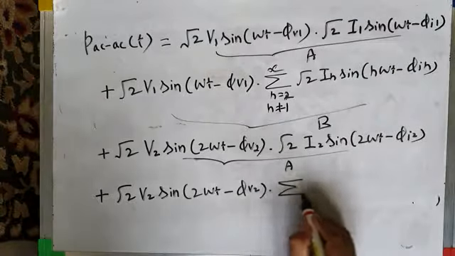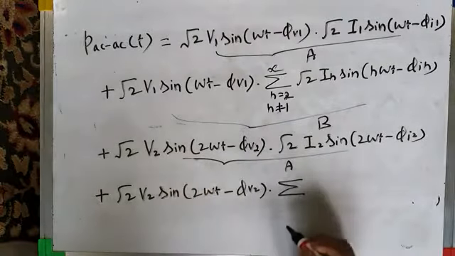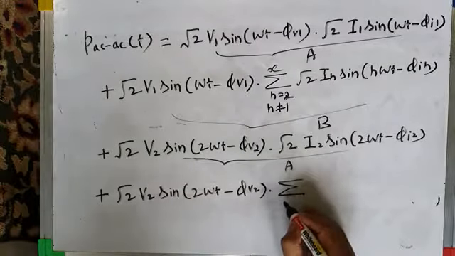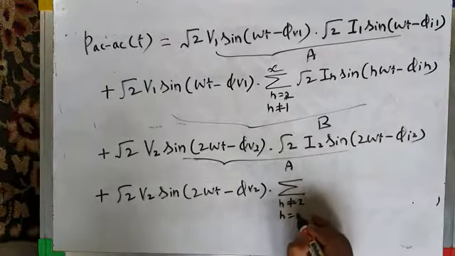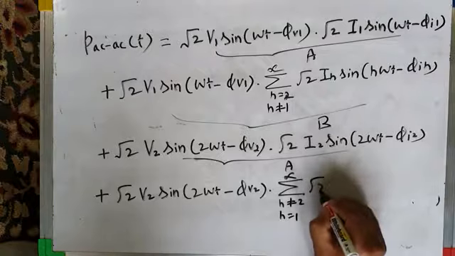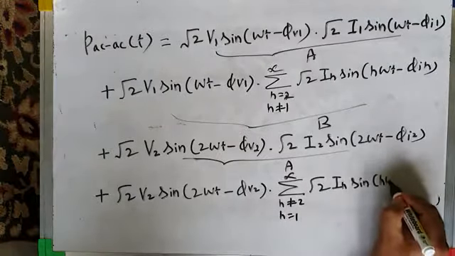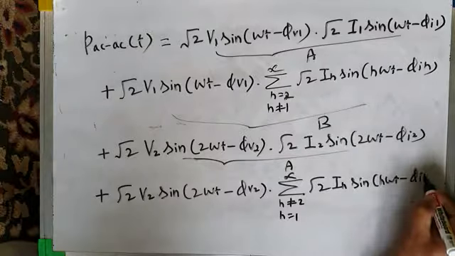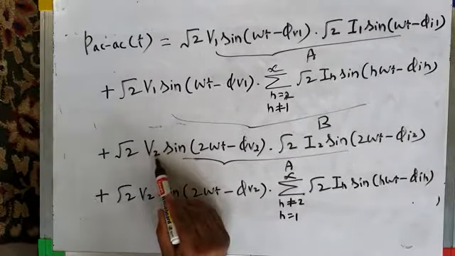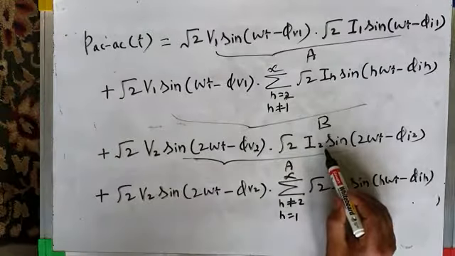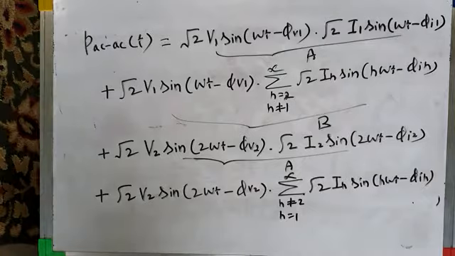Now it is interacting with components of the current other than the second harmonic component. So H not equal to 2, H equal to 1 to infinity, root 2 I_H sine of H omega t minus phi I_H. This is important. In this case, the second harmonic component of voltage interacted with the second harmonic component of current, and the product of the two terms gives rise to some instantaneous power.